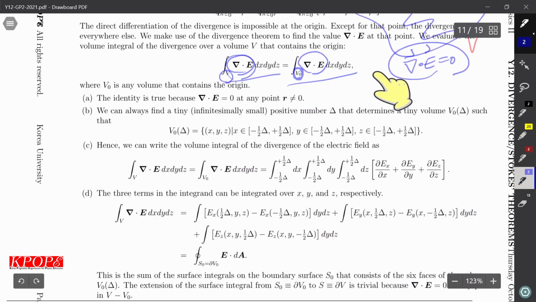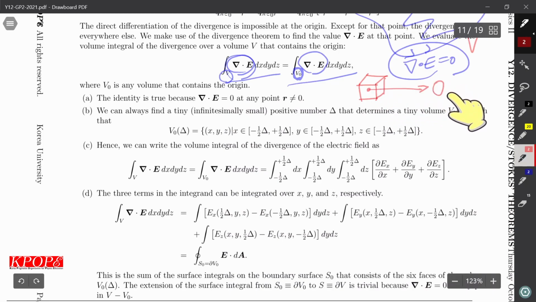Now, there is the origin, O, where the charge is placed. So we have delta, delta, delta, centered at the origin. So x ranges from minus 1/2 delta to half delta.